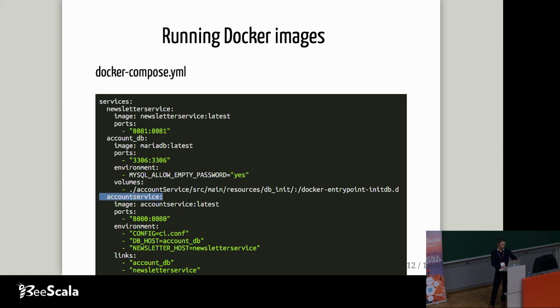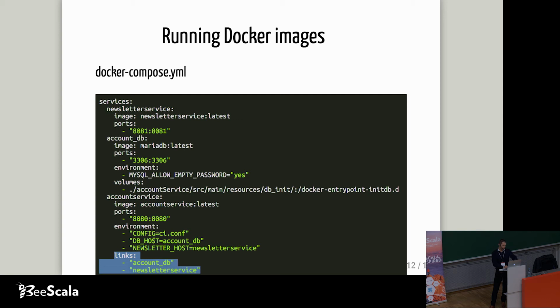Each of them with their ports configuration. And then, very important, I have a links section for the account service, which will have to be able to connect to the account DB and to the newsletter service.